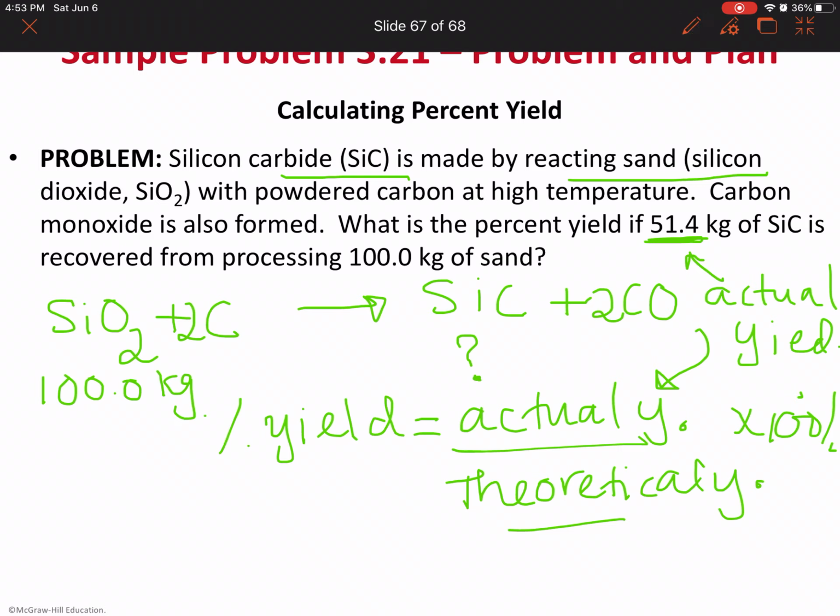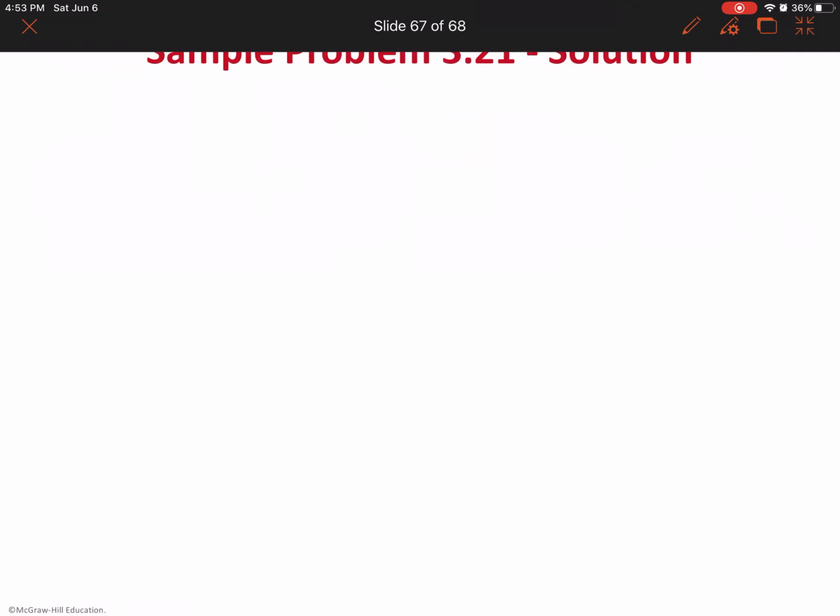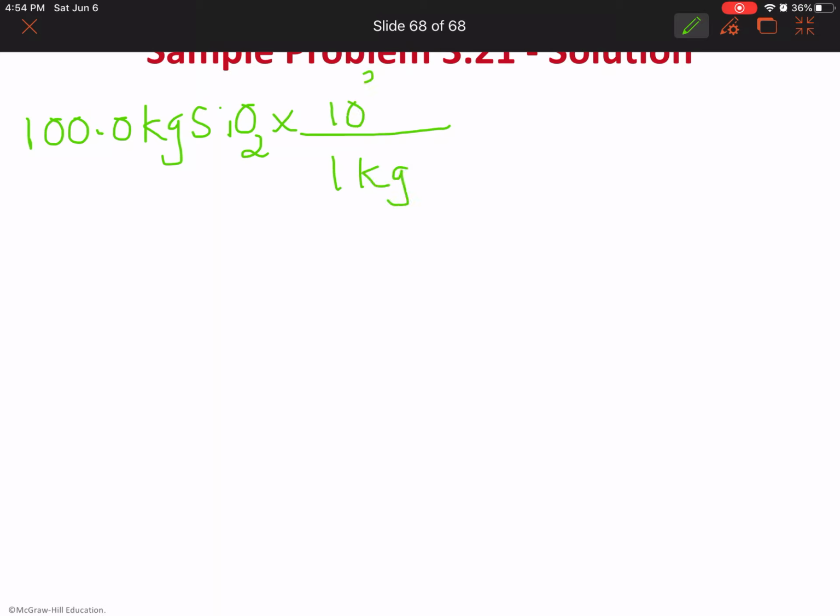Okay, so let's go ahead and do that in this space. We are given 100 kilogram, so you start with 100 kilogram SiO2. And then we can convert this to grams. 1 kilogram is 10 to the power 3 grams.